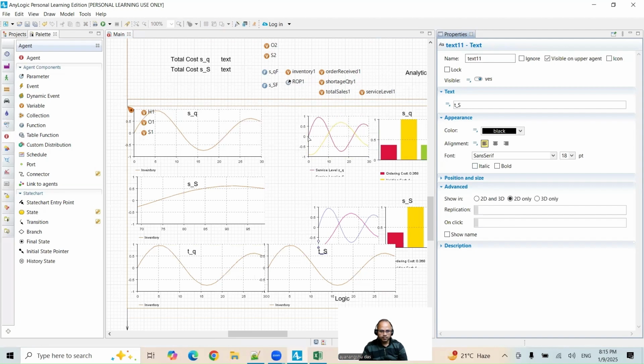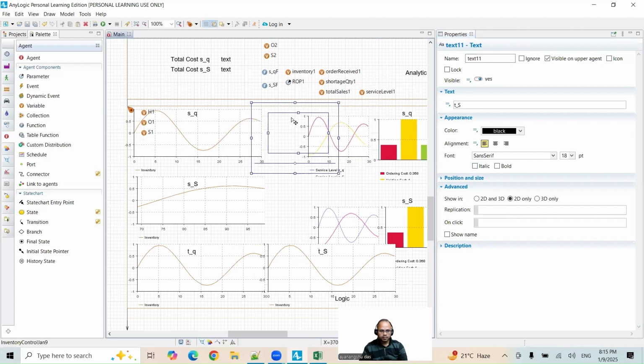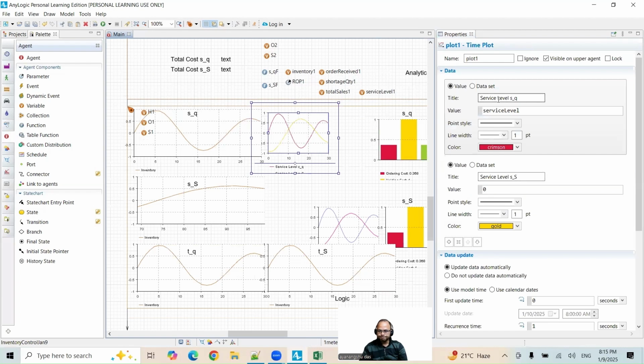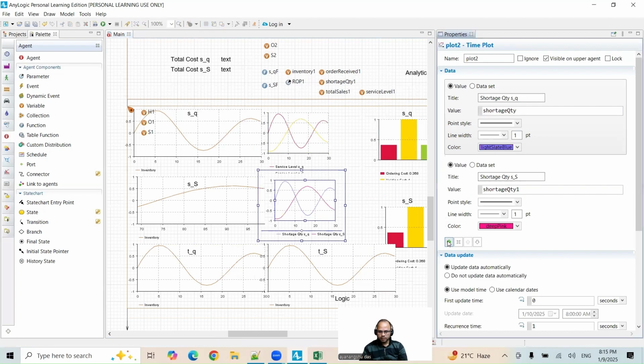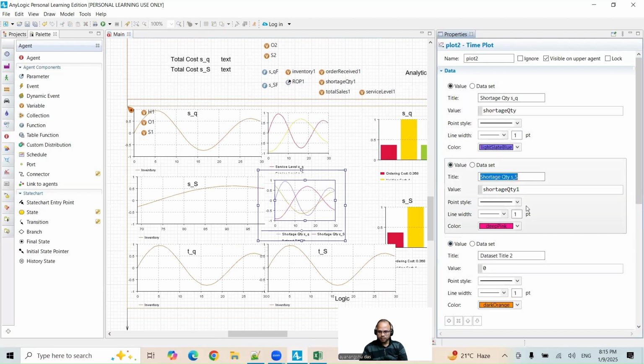And likewise we'll add or update these graphs with service level of TQ and TS. So this is service level TQ, with, this is shortage quantity, sorry.